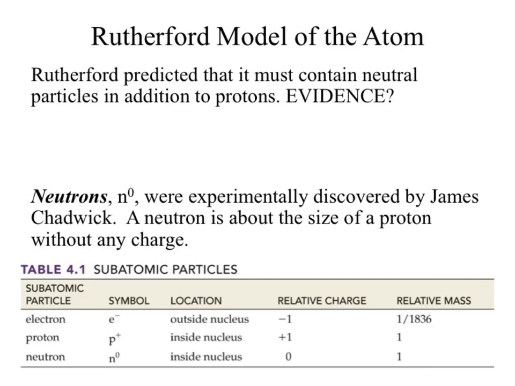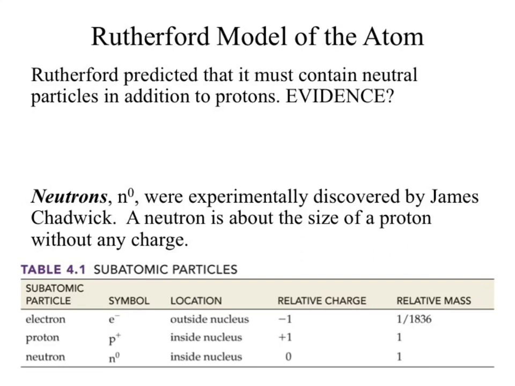So Rutherford went through, said we had to have neutral particles as well as these positive and negative particles. That's interesting. Why would he bring in the neutral particles? Like charges repel. We did the same thing with Millikan's experiment, chase the electrons away from each other. So what happens when we move into Rutherford's model?